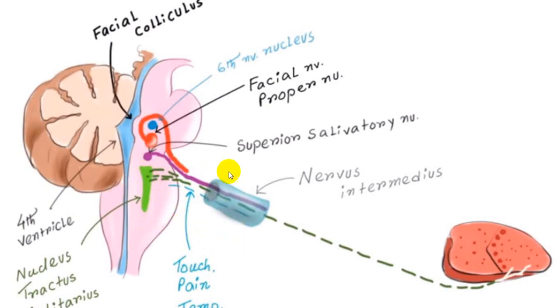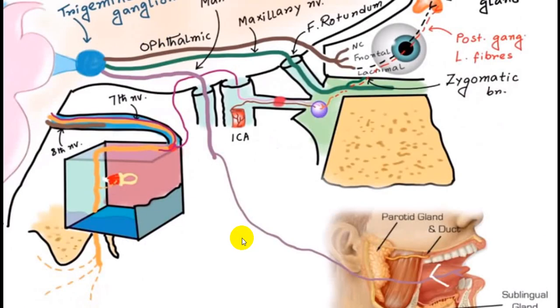And the nerve which is passing through this internal acoustic meatus, there will be two nerves. One will be facial and another will be the eighth cranial nerve. This will be the seventh cranial nerve, facial, which has entered into the internal acoustic meatus.